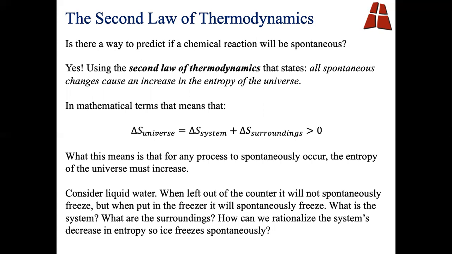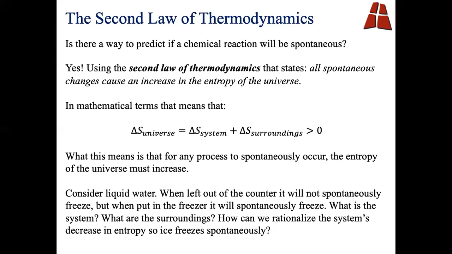You should also think about what are our surroundings? And then how can we rationalize that the system's entropy must decrease in order for this to happen spontaneously? And so how does that decrease in entropy occur in a spontaneous process? Take a moment to think about that. If you want to pause the video, you can. But I will go through the answers now.